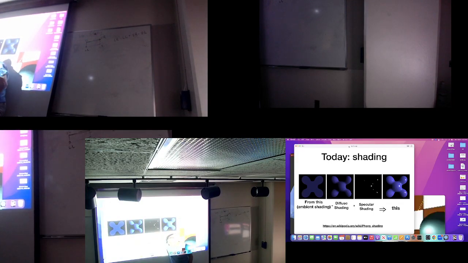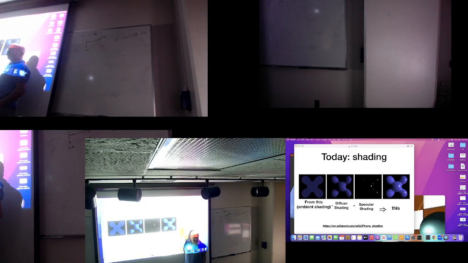And the big difference between diffuse and specular is that to know the specular shading, I also need to know from which direction the viewer looks at this shape. Diffuse doesn't care one bit where the viewer is. Specular cares very much where the light is and where the viewer is.